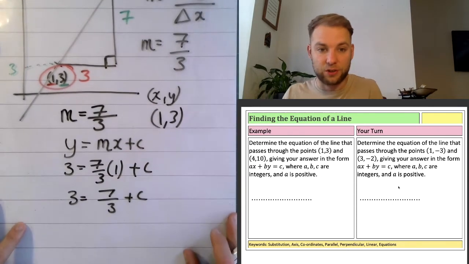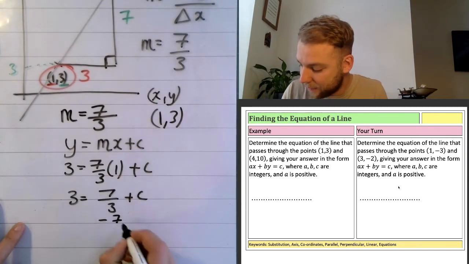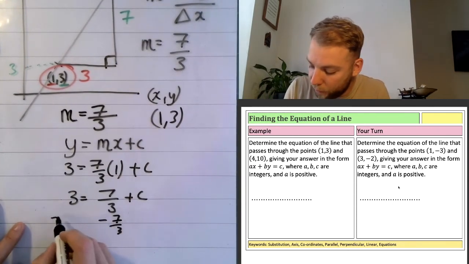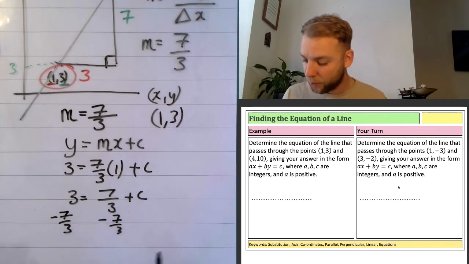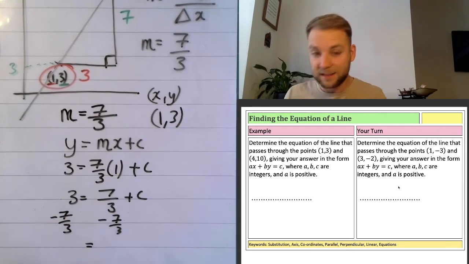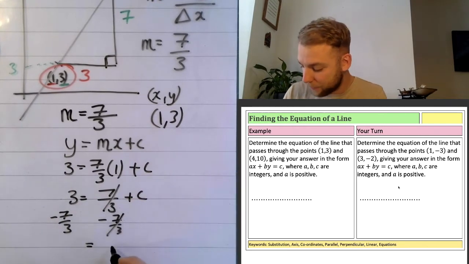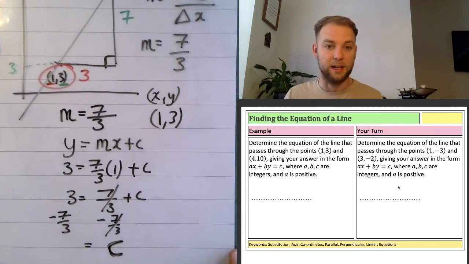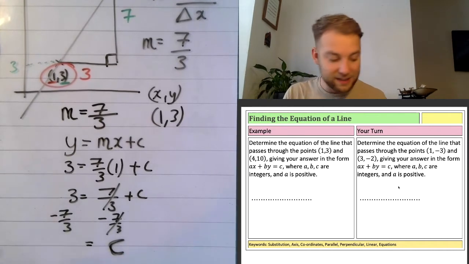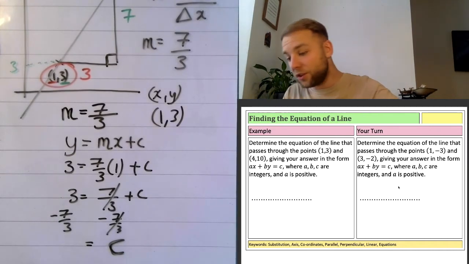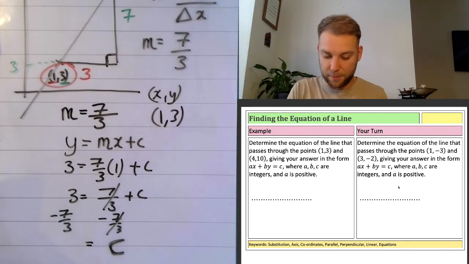I then need to subtract the 7 over 3 from both sides, exactly the same as you did before. I'll do the right-hand side first. If I subtract 7 over 3 from 7 over 3, I'm just left with c on that side, aren't I? Now 3 take away 7 over 3. Now you can either do that on your calculator if it's a calculator paper.